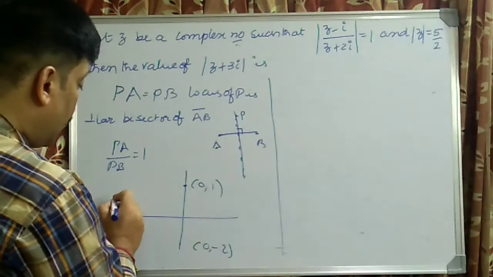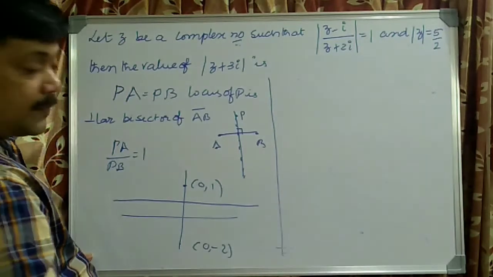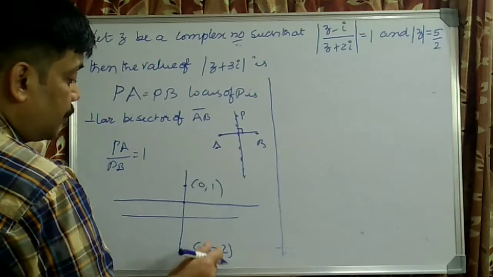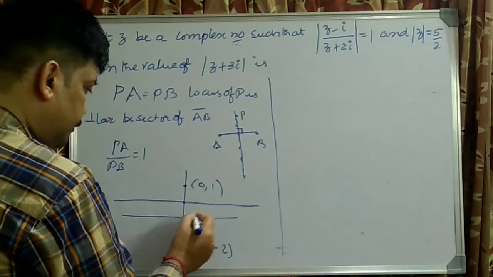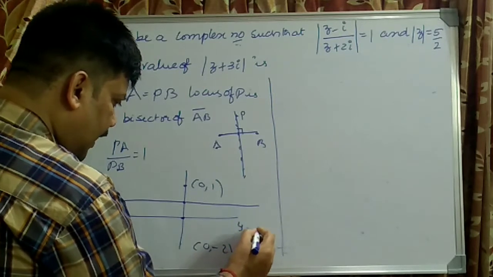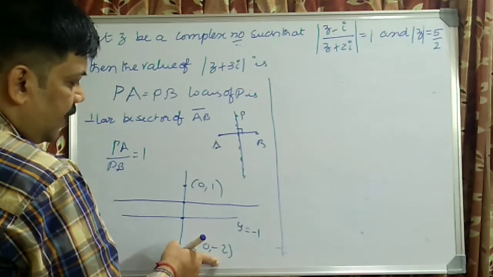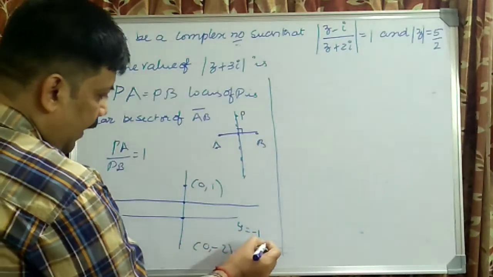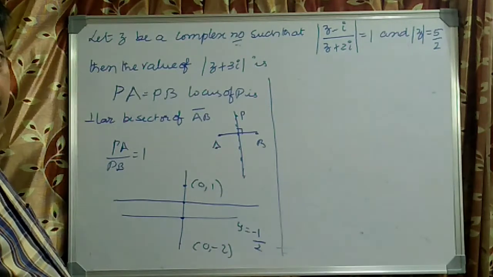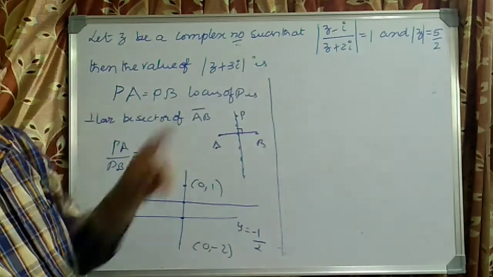The perpendicular bisector will be a line parallel to the x-axis, and the midpoint of this will be, adding these two, 1 plus -2 is -1, by 2. So y is equal to -1 by 2 is the locus of this.